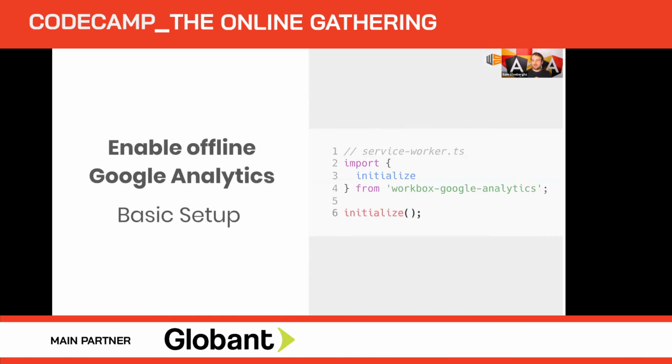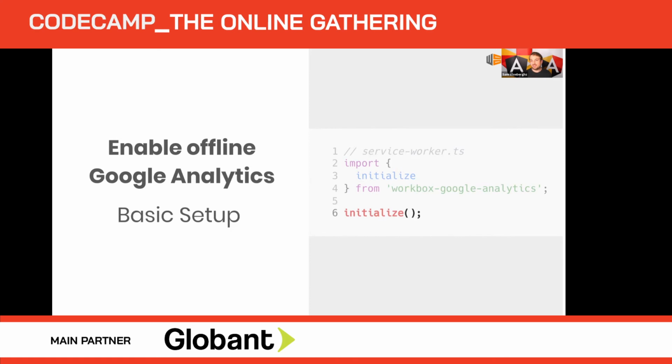So another main capability of Workbox is enabling offline Google Analytics. And what you see here is the basic setup. We just import initialize from Workbox Google Analytics, and we initialize it. So it gives us support out of the box.